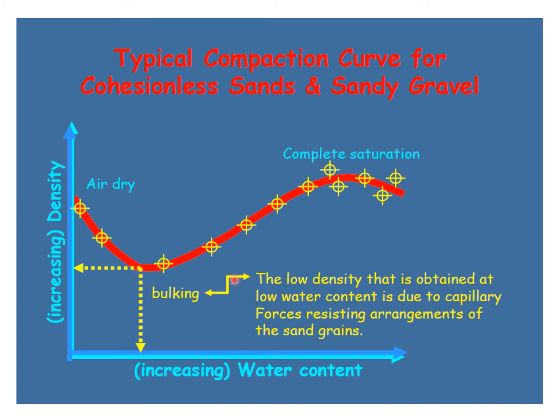The low density that is obtained at low water content is due to capillary forces resisting rearrangement of the sand grains. And then what is happening with the increase of moisture? There is an increase in the density. So this is the typical compaction curve for cohesionless sands and sandy gravel.